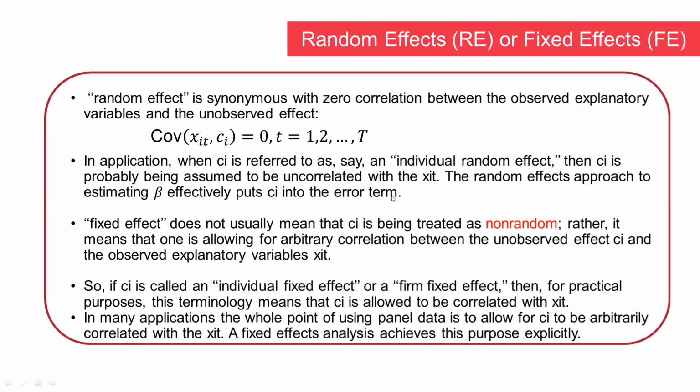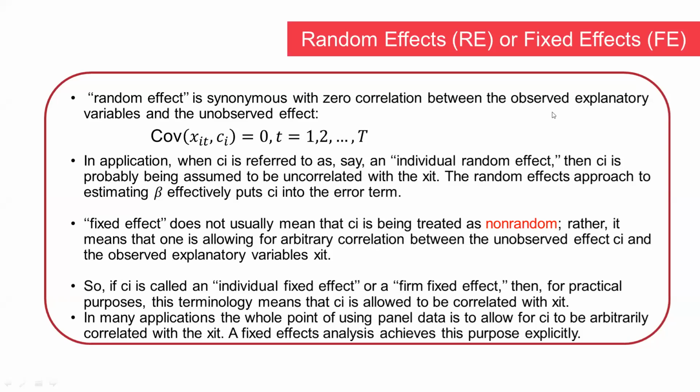That is because the expected value given the error term is zero, as there is no relationship between X and C. That is all important because we need to check whether there is a relationship between the observed explanatory variable and the unobserved effect. If there is any relationship, then there is a problem.